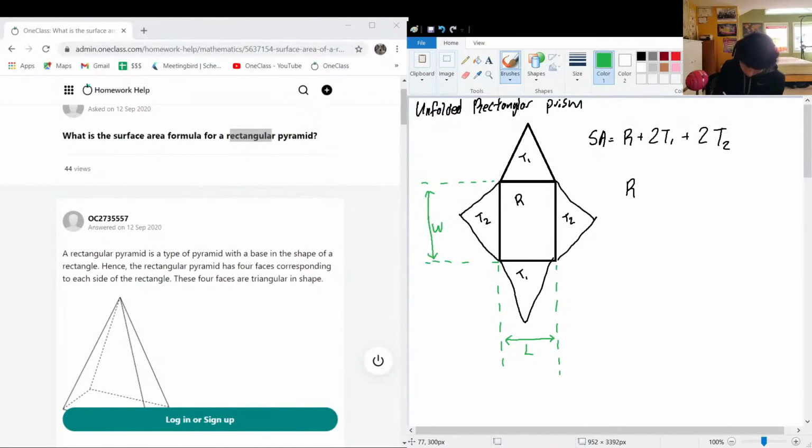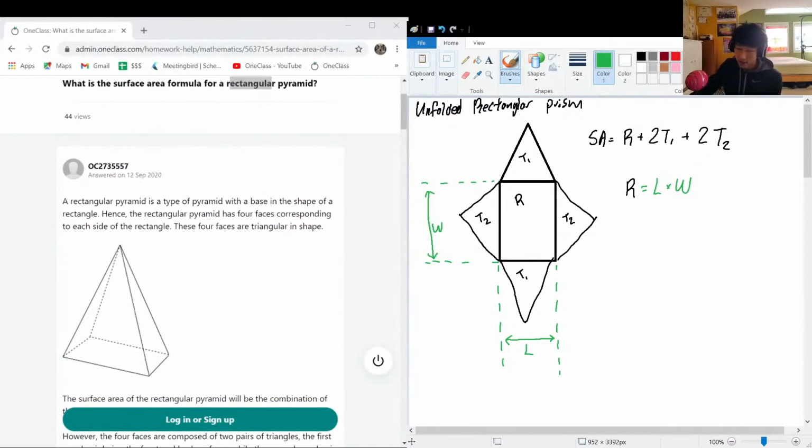Okay, so this is just going to be length times width. Okay, that's fairly straightforward to come by. We should really just be able to take this pyramid, take a ruler, stick it on the side of the base, and you can easily find length and width.